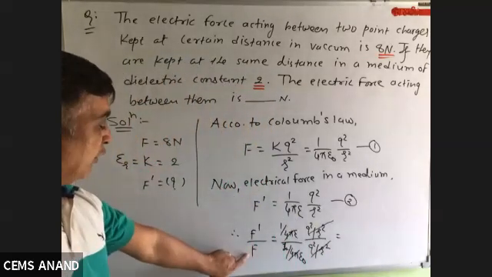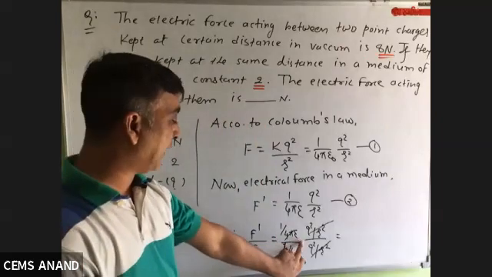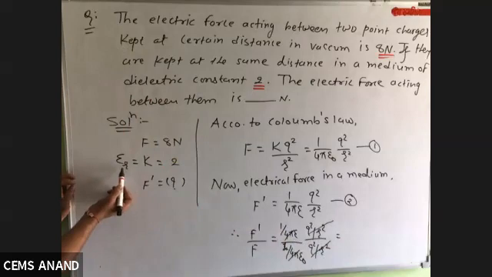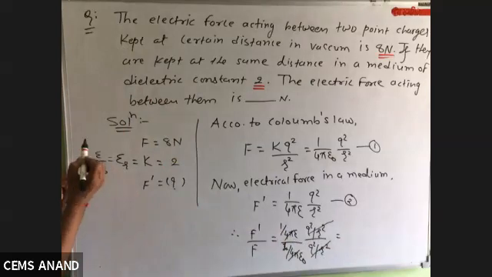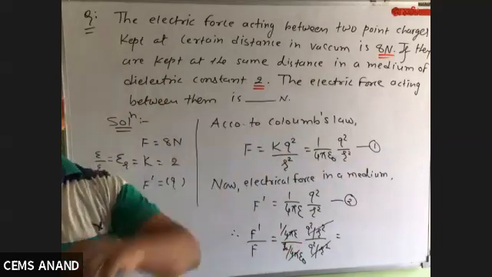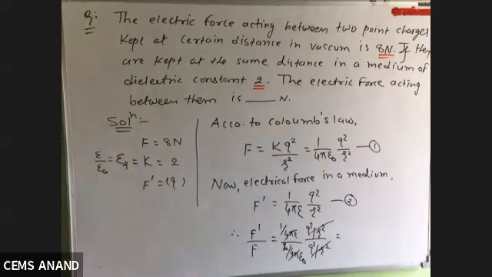You have been given the value of F, and you have been given the value of epsilon by epsilon 0 as well. Because relative permittivity is defined as the dielectric constant, and its value given for this problem is 2. So now go for it and get your answer.